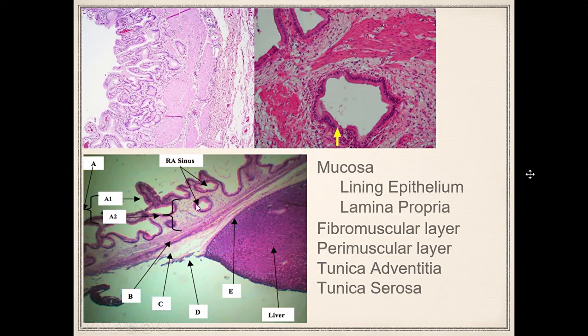This is the invagination of your mucosa. These invaginations are what you call the Rokitansky-Aschoff sinuses. Here is the mucosa.